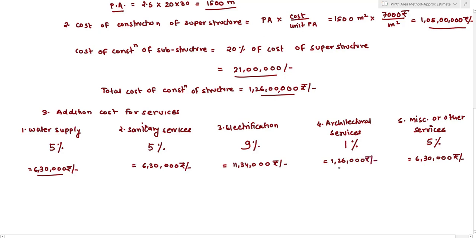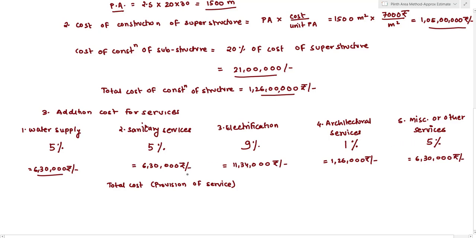So when we have to find out the total cost for providing services, that will be equal to water supply system plus sanitary services plus electrification plus architectural plus miscellaneous services.